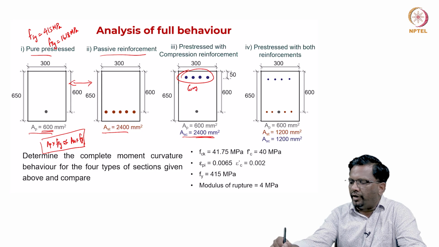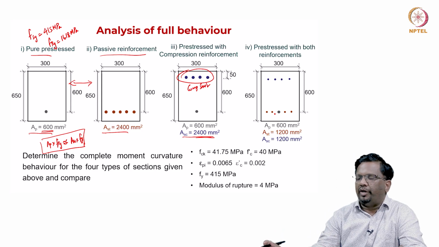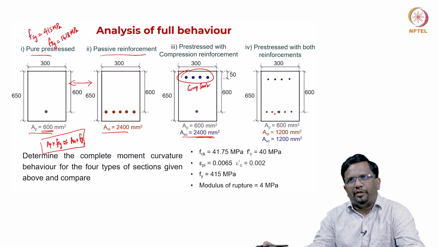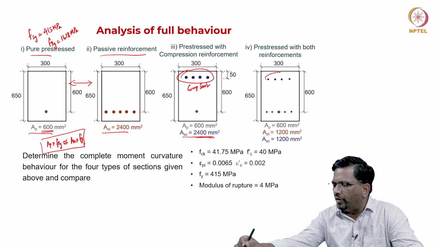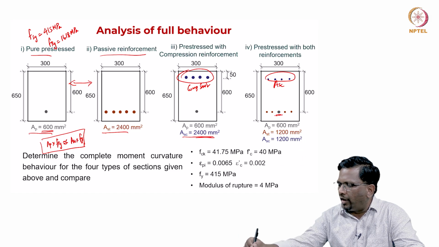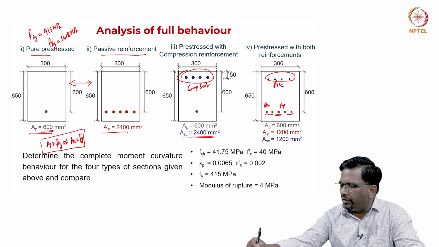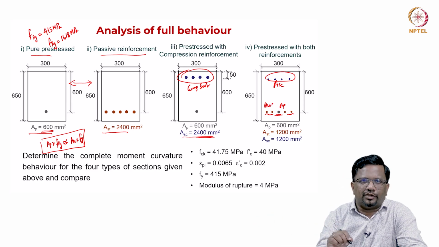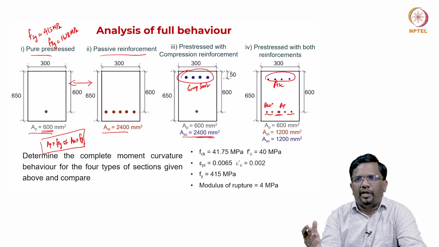This is similar to your doubly reinforced section. I have compression steel ASC and I have AP, then I have AST as well. So, all the 3 combinations are put. Let us see what is the effect of each of these individual reinforcements.